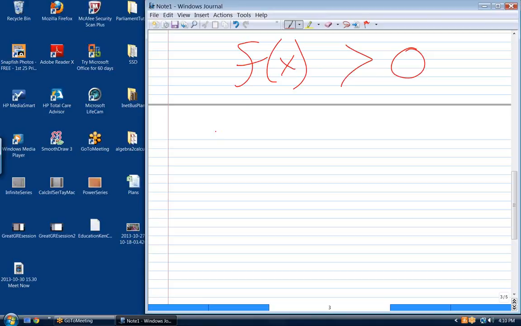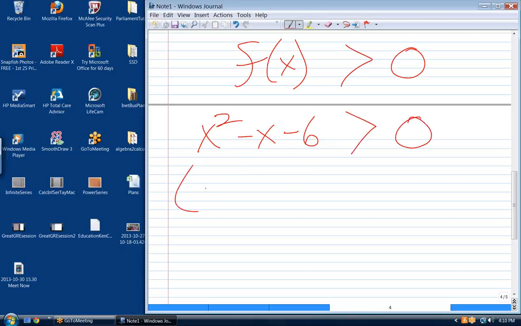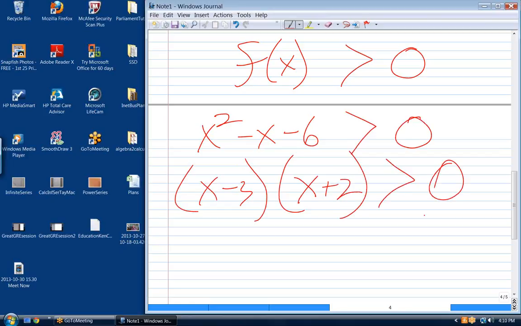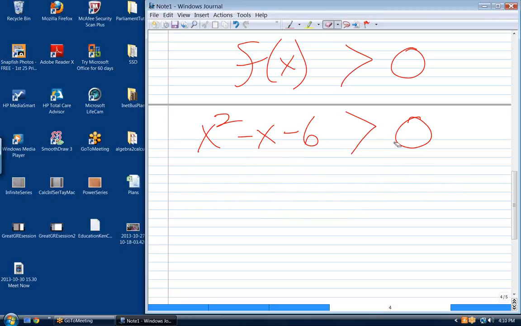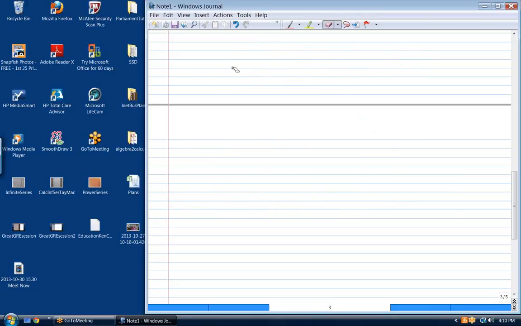And then f of x might be x squared minus x minus 6, and now you have to factor that into x minus 3 times x plus 2 and go through the sign chart to solve for it. But I can't think of a word problem right off the get-go that would result in a function and an inequality. I'm sure that there's plenty.